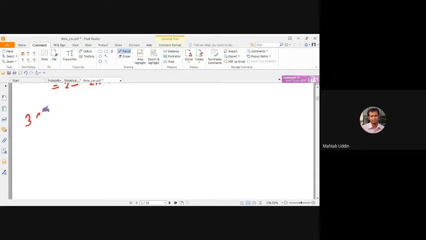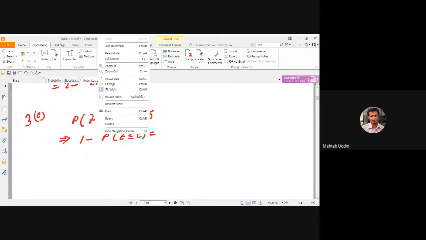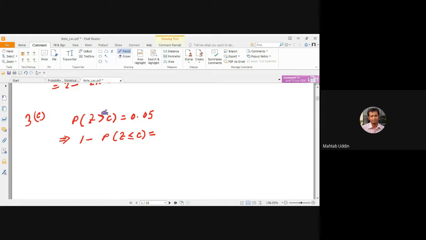3C. You say that probability Z is greater than some constant C is 0.05. We have to find C, but no problem. You can write 1 minus probability Z less than or equal C, because the complement of greater than is less than or equal. This equals 0.05.